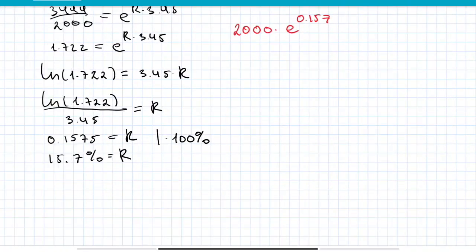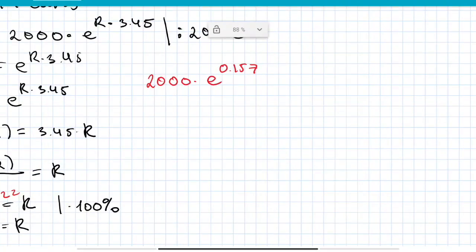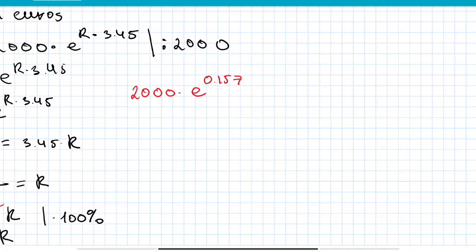My calculator shows 0.1575322 and many more digits, but you know that we need only approximate numbers, not such precise values.